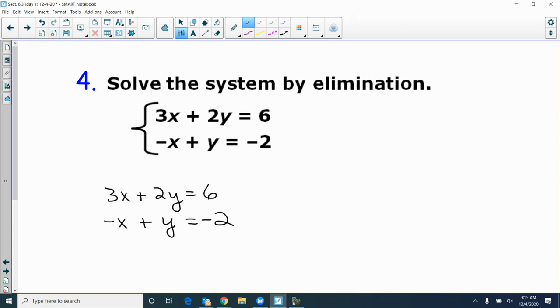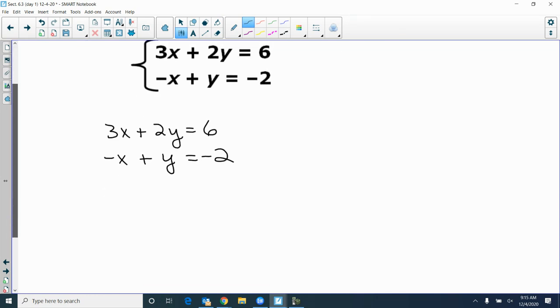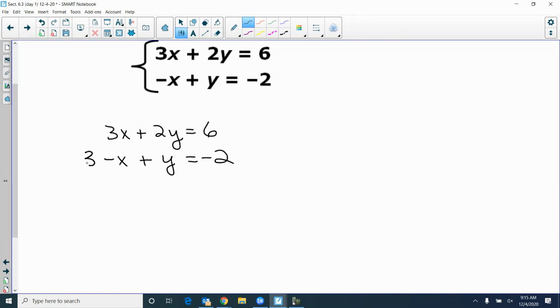Now one thing that happens here, what is that right-hand side after you add them together? 5y equals 0. Okay, 0. A lot of you chose to multiply by 3. Did anybody multiply by anything different?